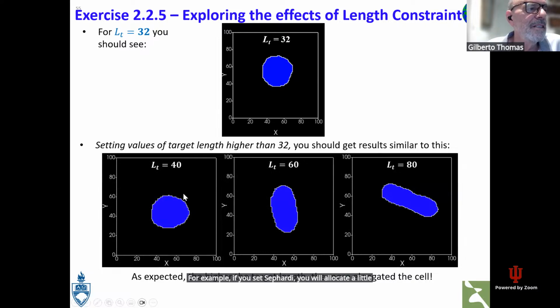If you go up, 60, you have some kind of ellipsoid, not very similar. With 80, you have a rod, like a bacterial cell. You can create a bacterial cell like that, elongated to 80. So the higher the target length, the more elongated the cell.